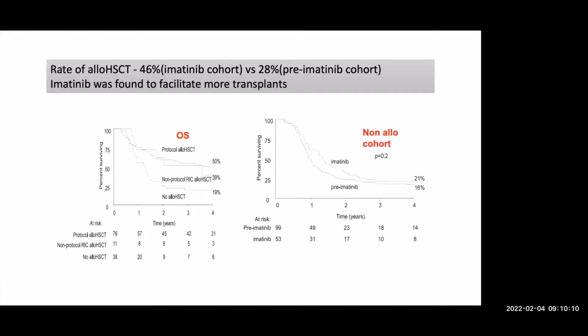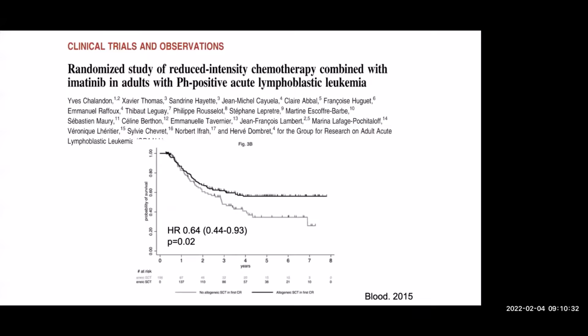However, the trials which have been conducted later on have gone in for a response adapted approach, because of which the general approach has been to use allogeneic transplant in patients who are MRD positive.